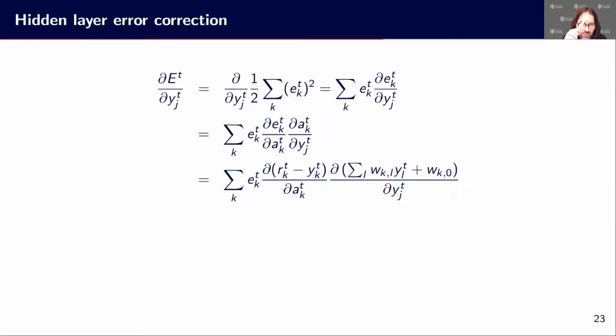For the hidden layer just before the output layer, the e_kt is equal to that thing here. It's basically the difference between the desired output, r_kt, versus the output of the neuron k on the output layer. And this thing is not different. We are still using the same thing as before.